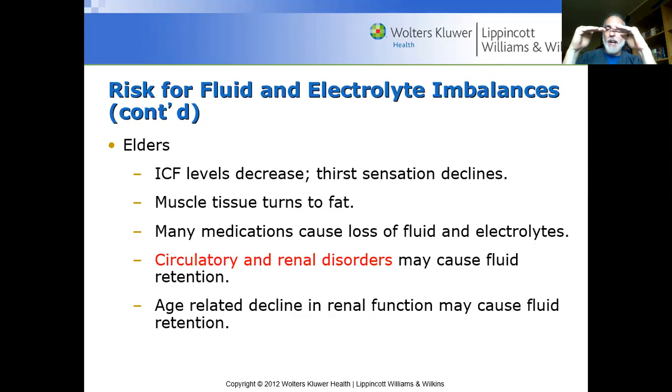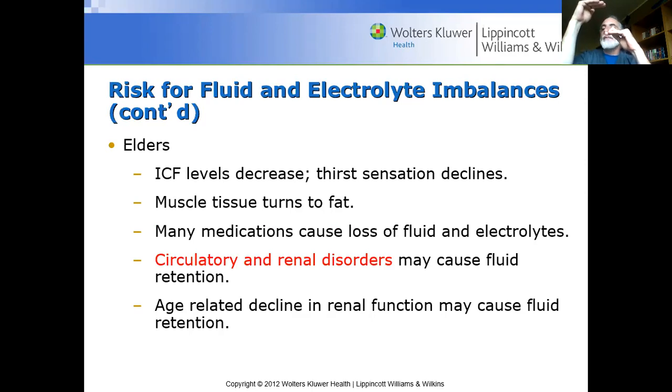and I have a disturbance to that balance, okay, and it's up here a little bit, right? All right, let's just say I have an electrolyte disturbance. My potassium level is a little bit high. And then I receive a potassium sparing diuretic, which causes fluid to be lost, but potassium to be retained.